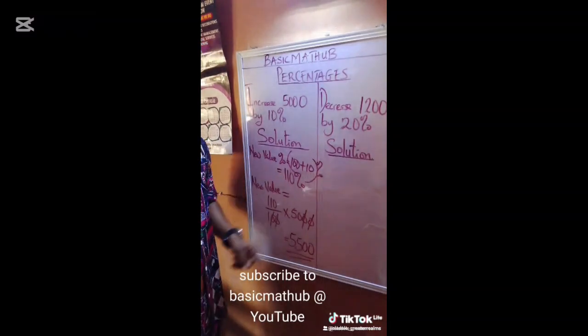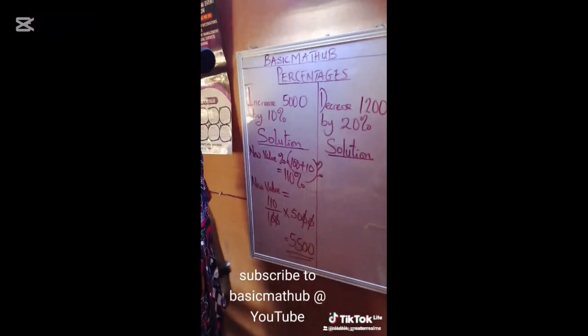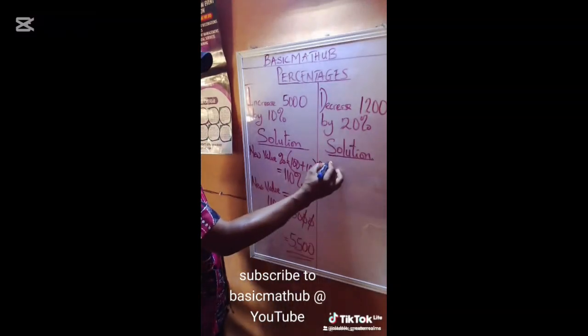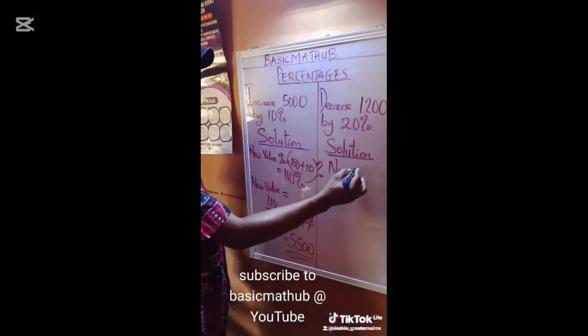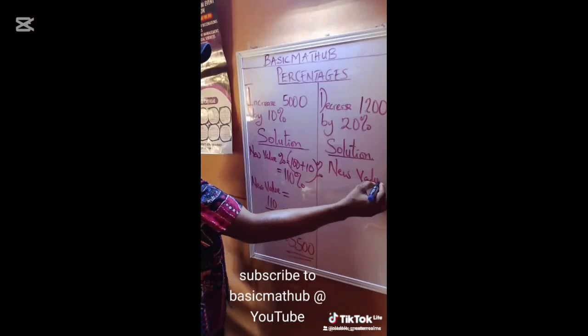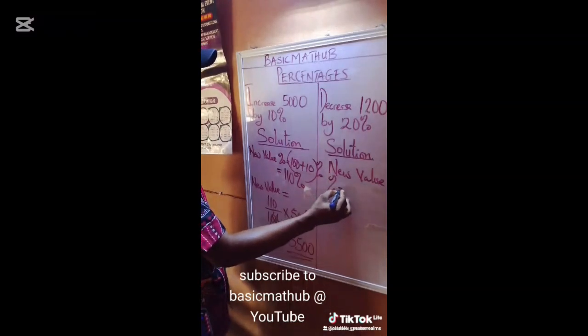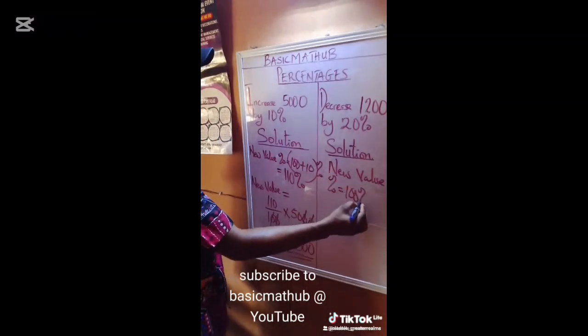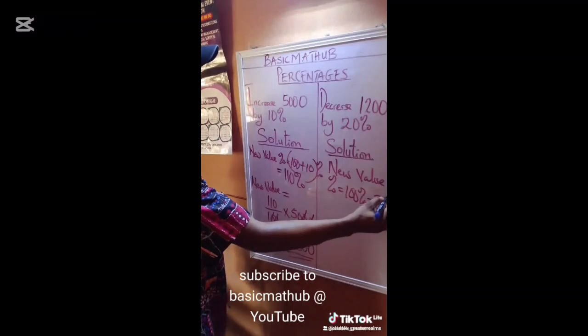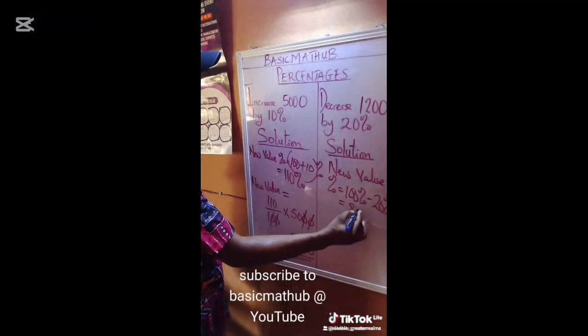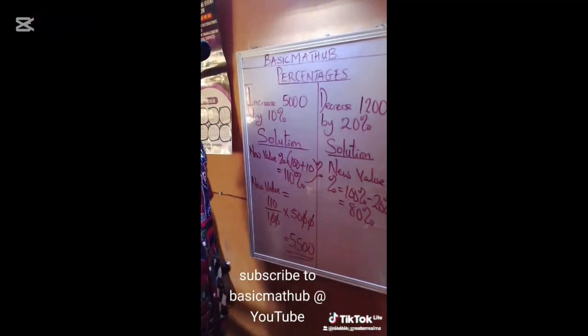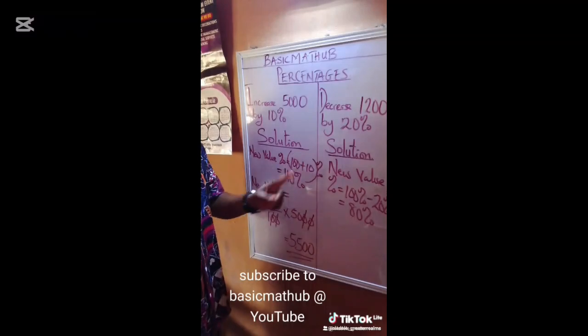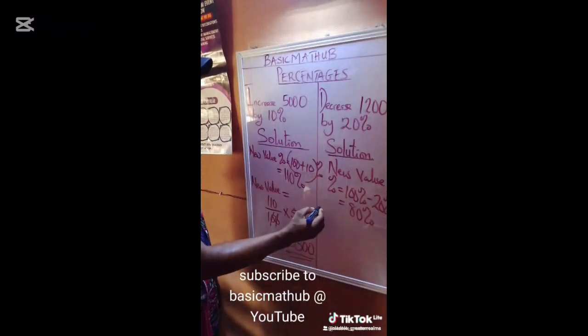So the second question says we should decrease 1,200 by 20%. So our new value in percentage will be equal to 100% minus 20%. So that will give us 80%. It simply means the new value will now be 80% of 1,200.